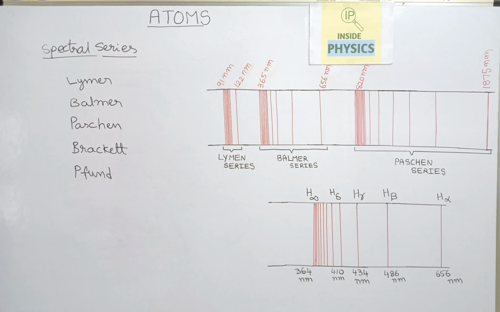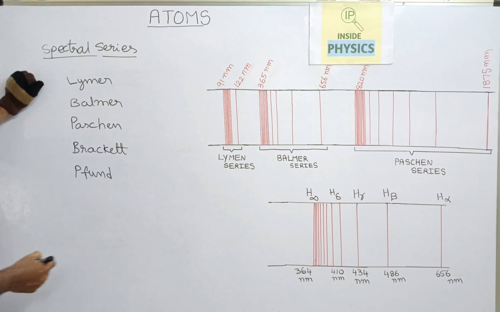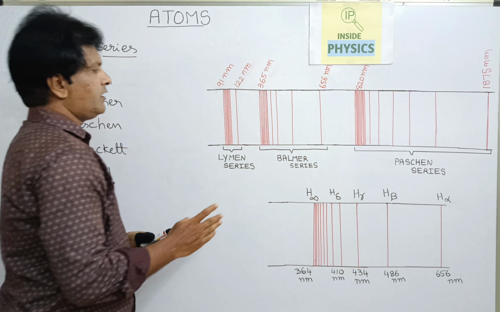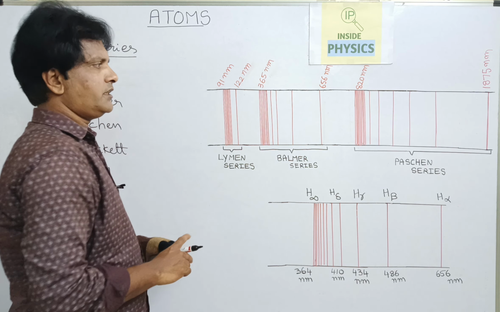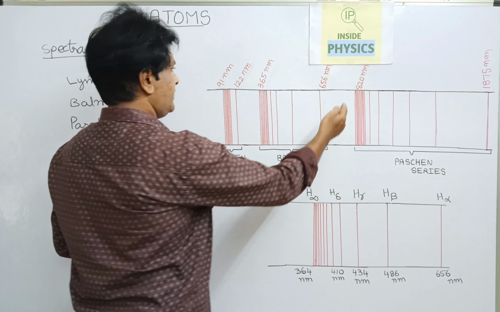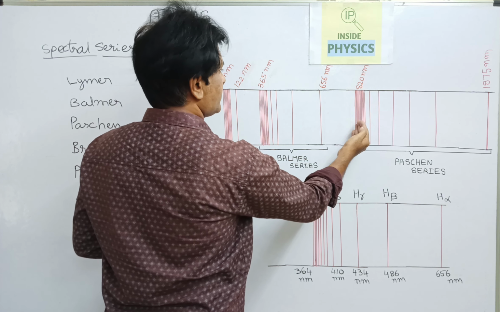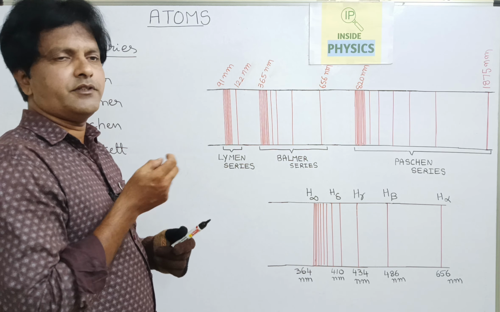These scientists have also followed the same formula which has been given by Balmer. So Lyman, Balmer, Paschen, Brackett, and Pfund. After the last line in a series, is there any spectral line or not? There will not be any particular lines. There is a continuous spectrum, and the intensity is also very low.